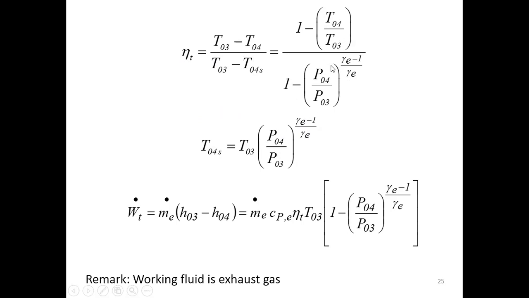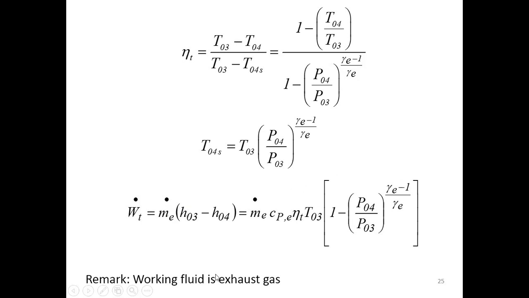So using this and the isentropic efficiency, we can come up with the new expression for the isentropic efficiency that shows like this. And again, if we want to find the actual work from the turbine, it comes from the exhaust mass flow rate times the enthalpy change. So in terms of isentropic efficiency, we can have the amount of actual work shown in these expressions here.